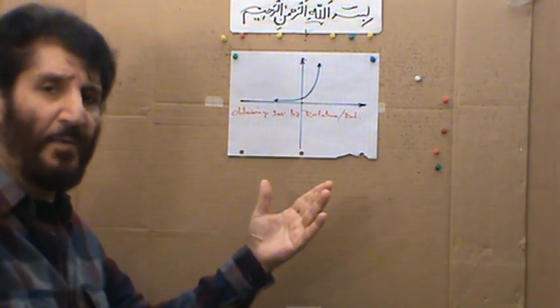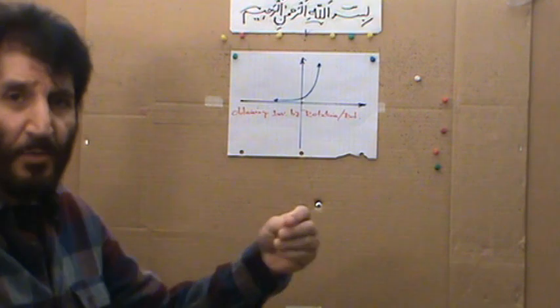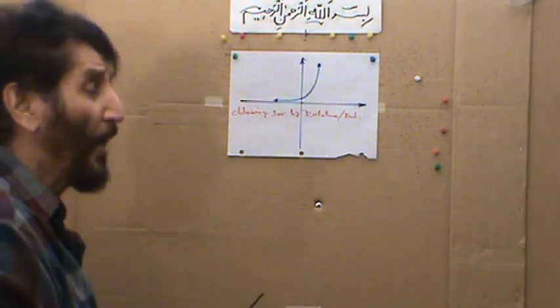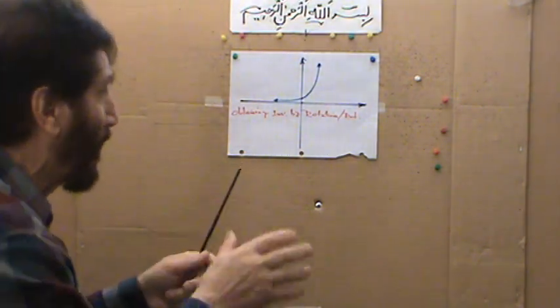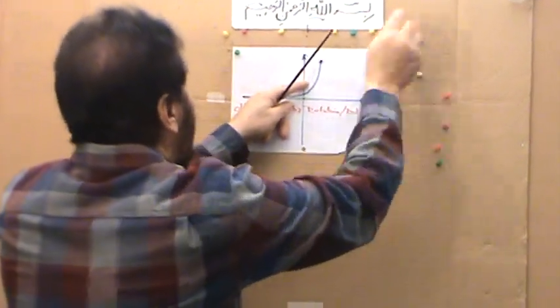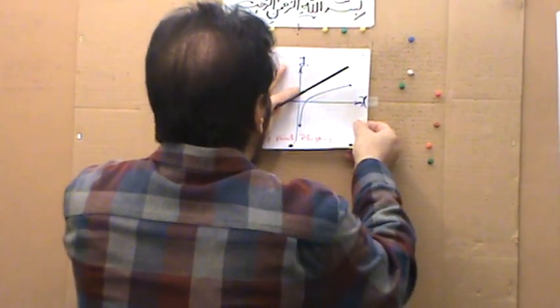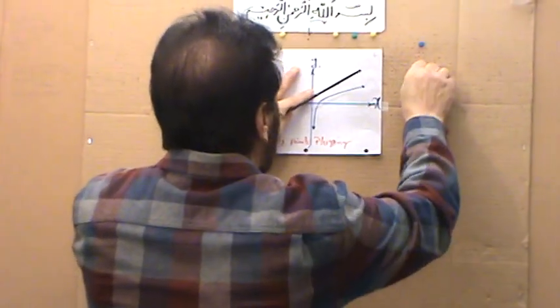By the graph of 2 to the x with the method of rotation and reflection: 90-degree rotation, clockwise or counterclockwise, and 180-degree reflection with respect to the what? Horizontal axis.